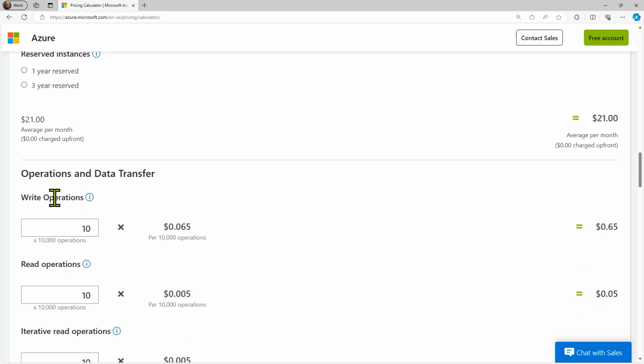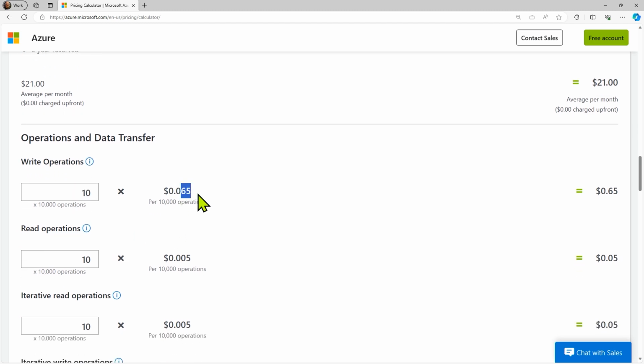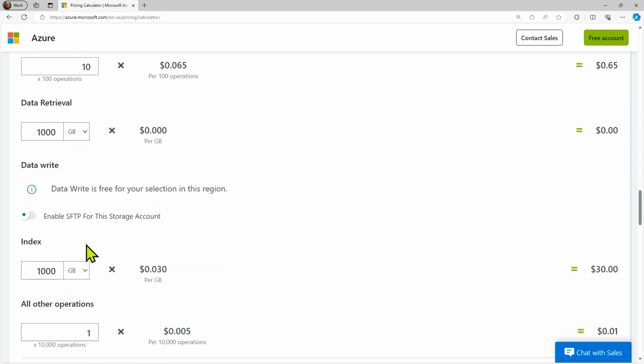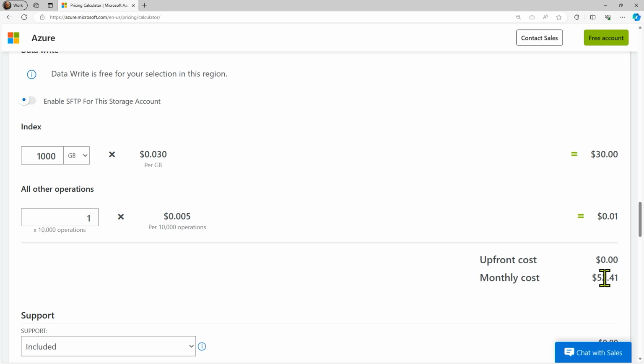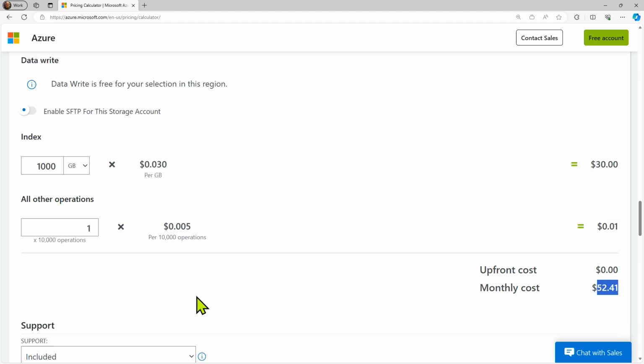Operations for reads and writes are priced per 10,000, so that's 100,000 write operations. You can see that is 6.5 cents for that many write operations, 65 cents in total. I've got read operations too. So the total cost of this storage is $52 at the end of a monthly billing period. Now watch what happens.